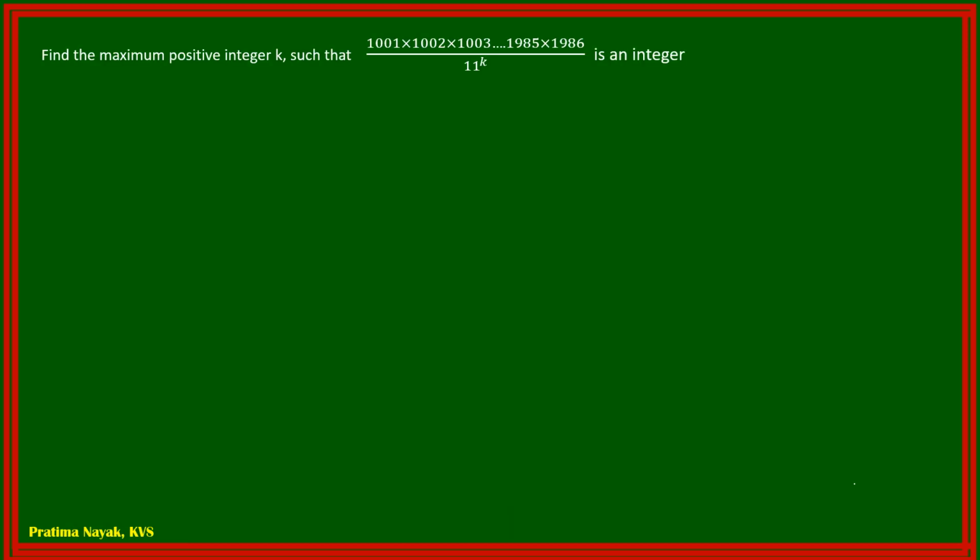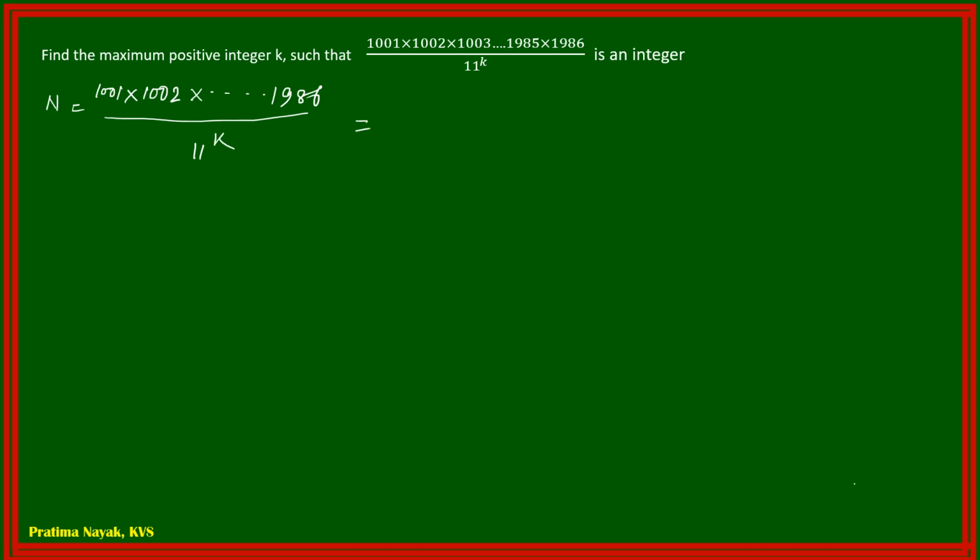So to solve this, let n be the big fraction. N is equal to 1001 multiply 1002 and so on up to 1986 upon 11 power k.